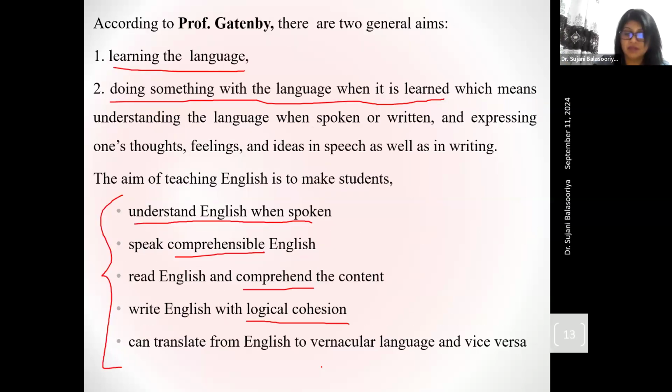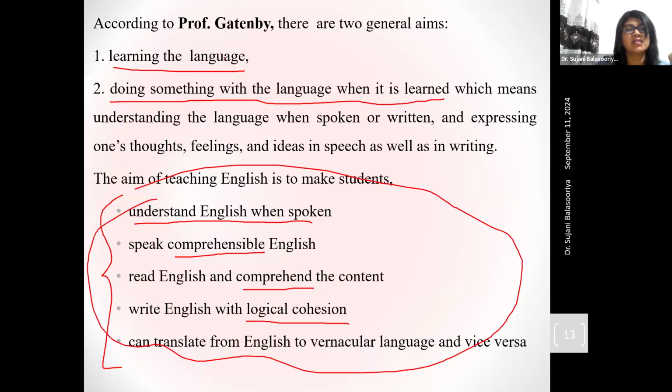So these are the skills that are aimed to improve. Here these are presented as particular aims, especially when we talk about this second general aim, doing something with the language when it is learned. Doing something means understanding, and you can elaborate with these points.